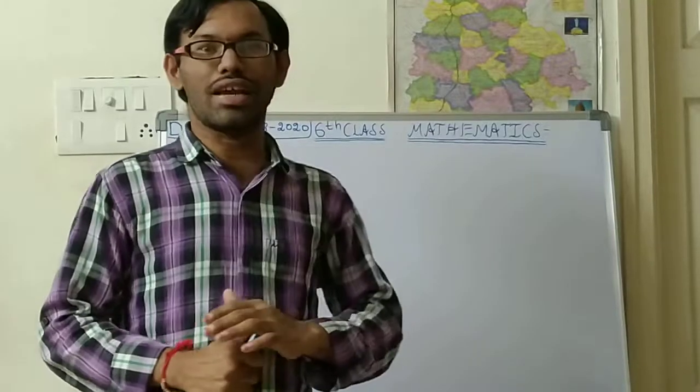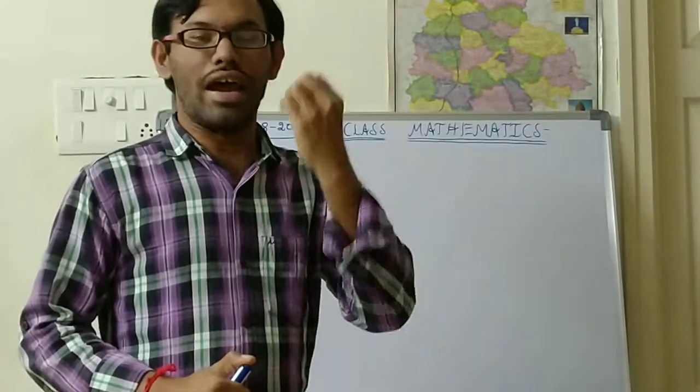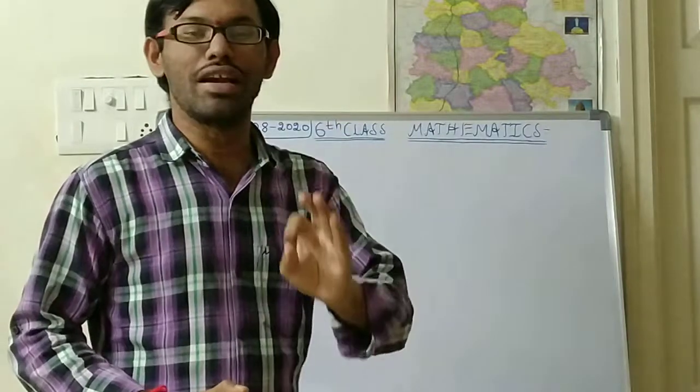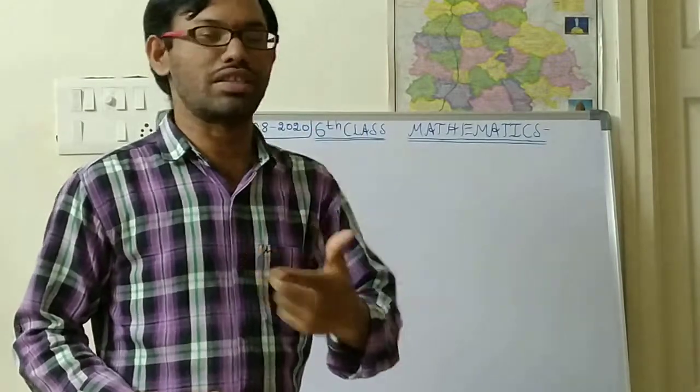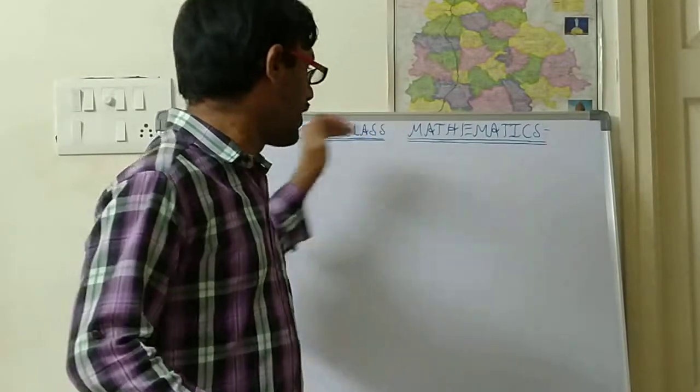In the previous class, we discussed the addition, subtraction and multiplication of whole numbers on the number line representation, and how these operations play a role on the number line.